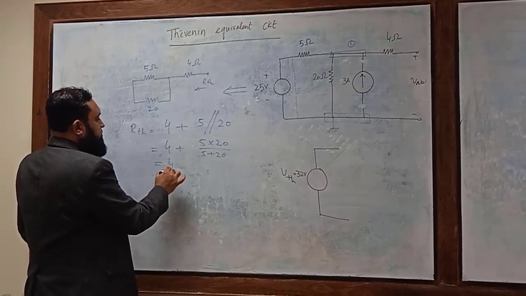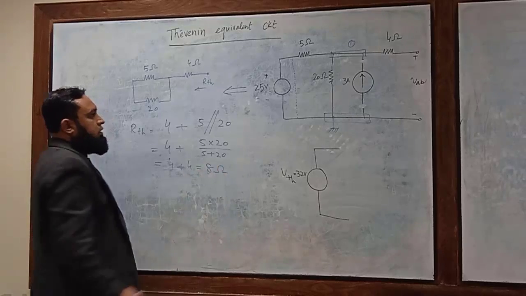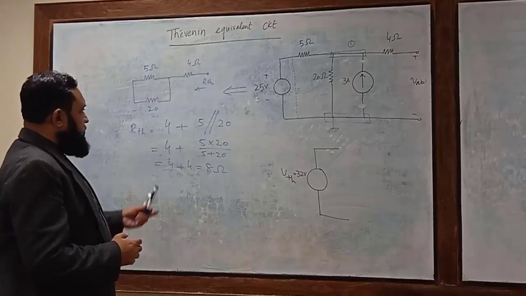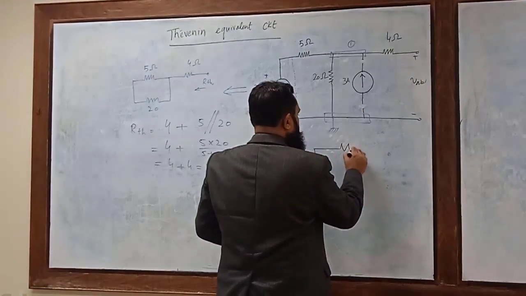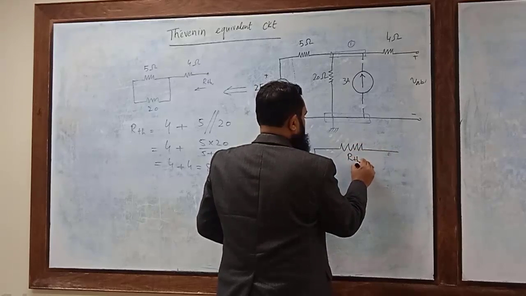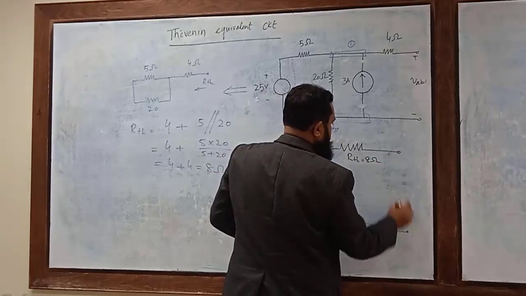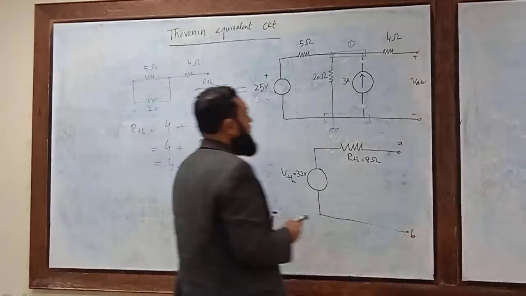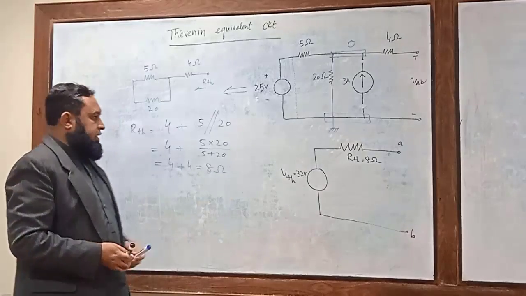So 4 plus 4 is equal to 8 ohm resistance. Okay? So we found the Thevenin resistance. So this is the Thevenin equivalent circuit for this portion of the circuit.